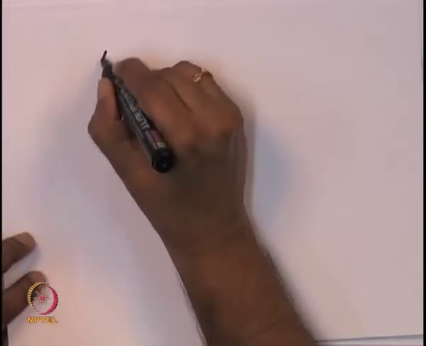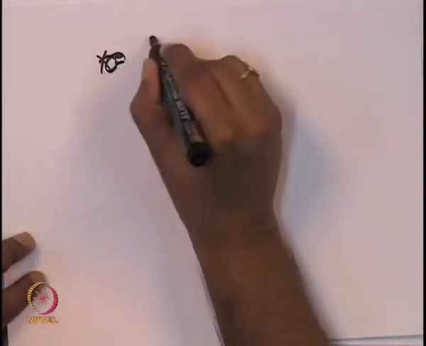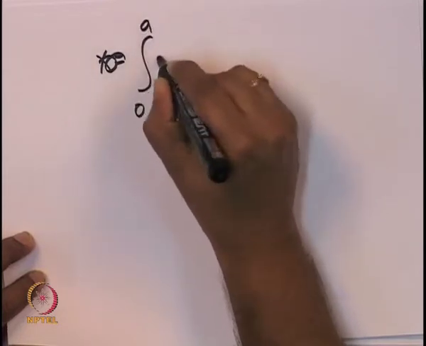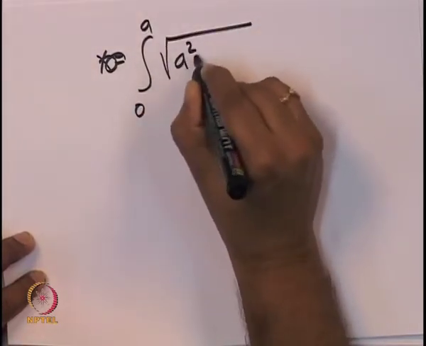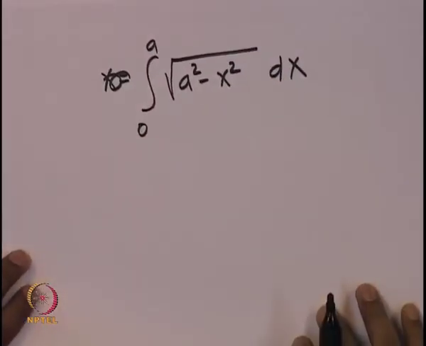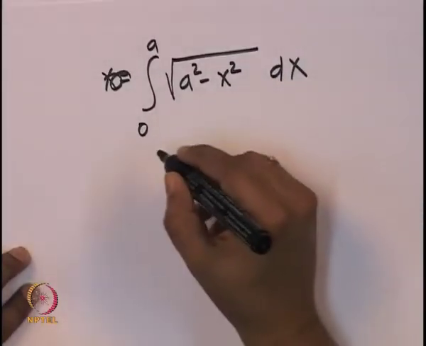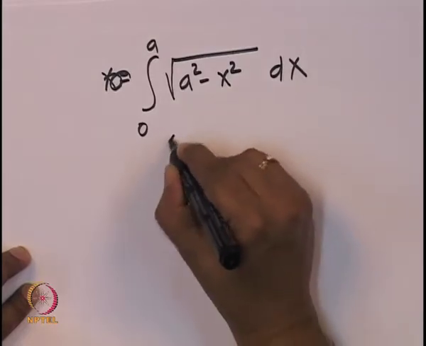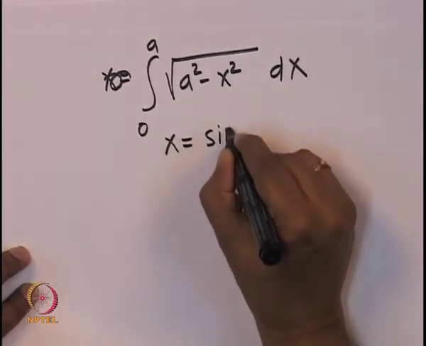So, what we have to calculate is the integral from 0 to a of root of a square minus x square dx. Let's substitute x is equal to sin theta.